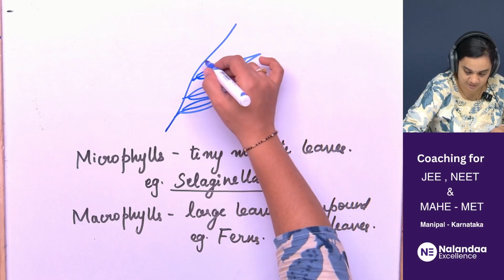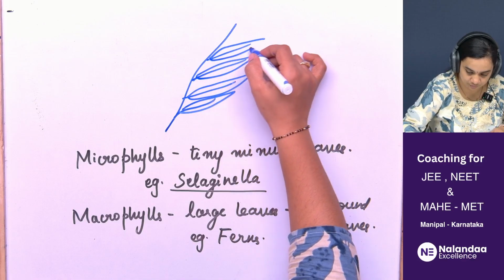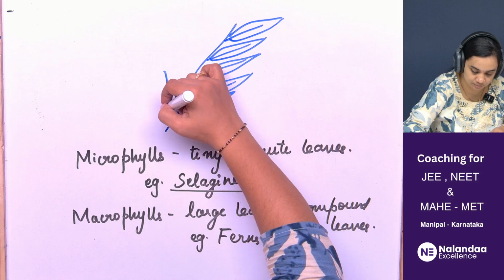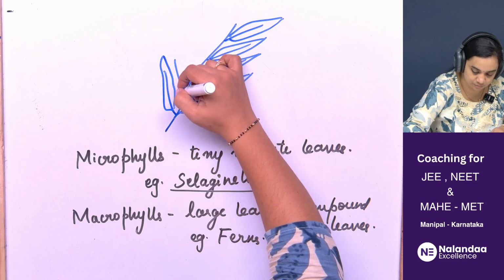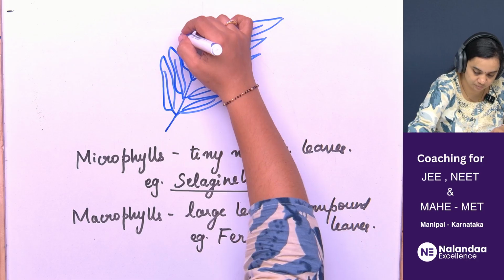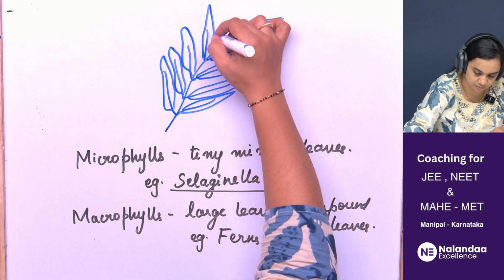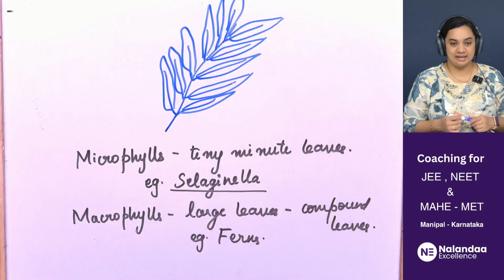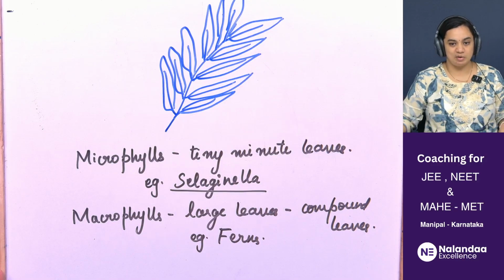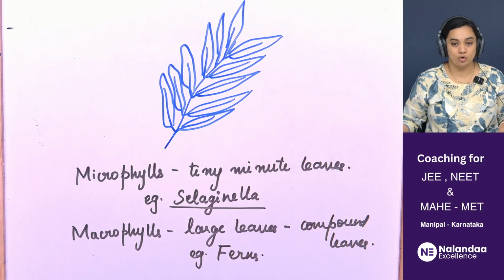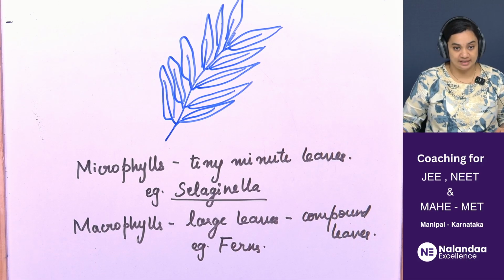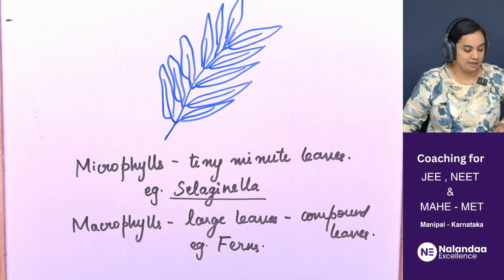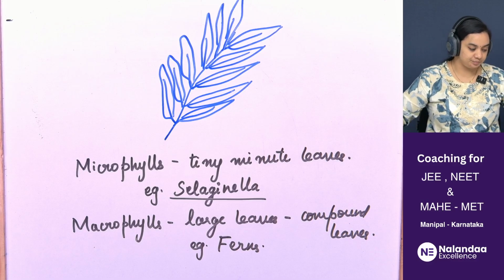So there is a central rachis from which leaves will be present like this. So this is a pinnately compound leaf. This entire thing is considered to be one leaf, hence we call them macrophylls. Okay. So large leaves are present in case of ferns. Is this clear? So microphylls and macrophylls.